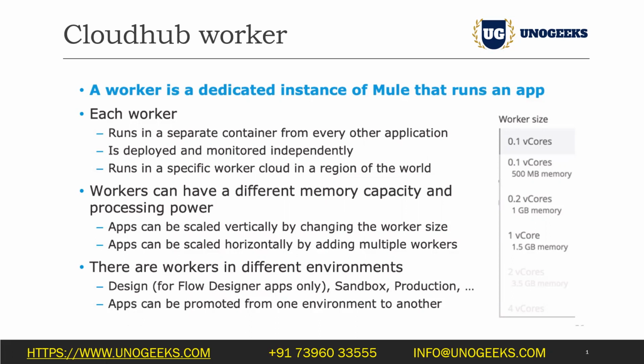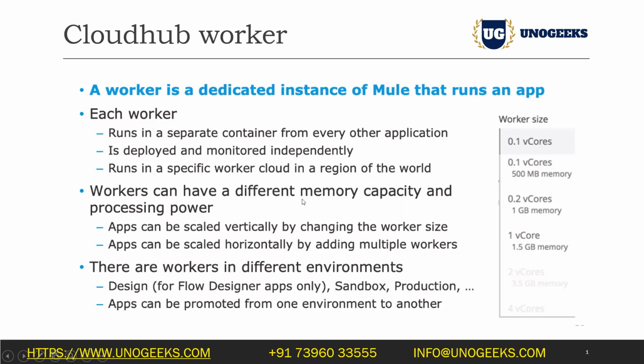You can't deploy 2-3 Mule applications in one worker. So we have to keep in mind that we can deploy one application in one worker. And this is the worker size: 0.1 vCores is the processing, and you get 500 MB memory, and 1 vCore if you have bigger applications, where you get 1.5 GB memory.